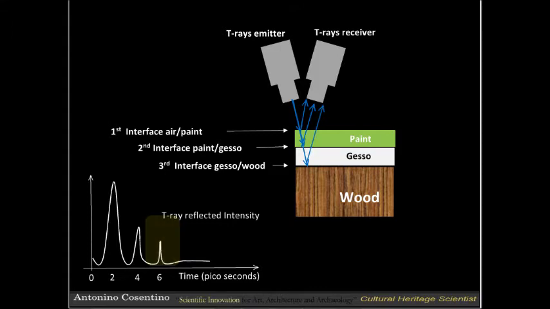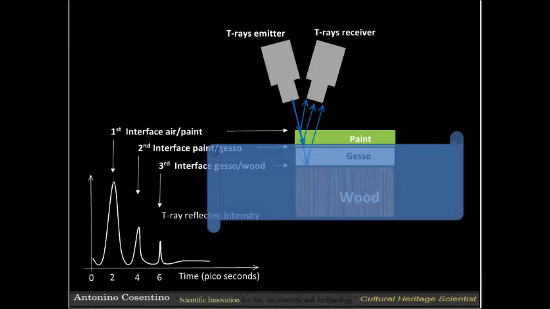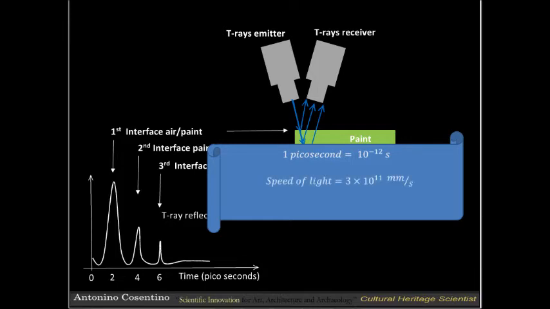This T-ray spectrum becomes more useful if we switch the x-axis unit from time to space. 1 picosecond is 1 second divided by 1 followed by 12 zeros. The speed of light is 3 times 10 to the 11, that is 3 followed by 11 zeros, in millimeters per second.